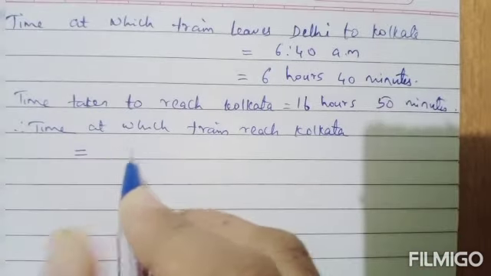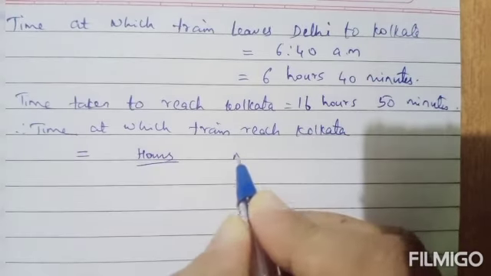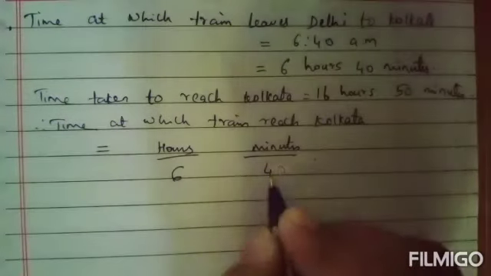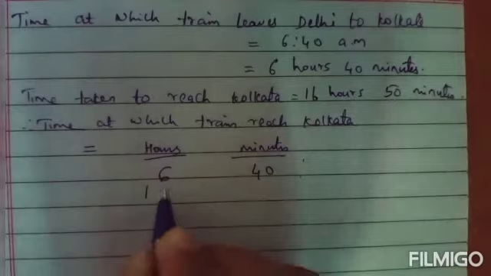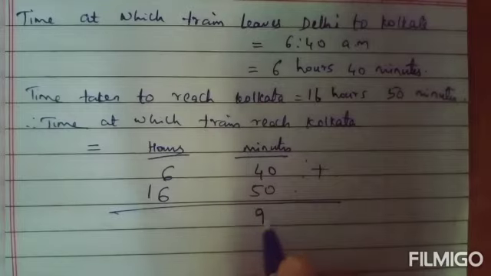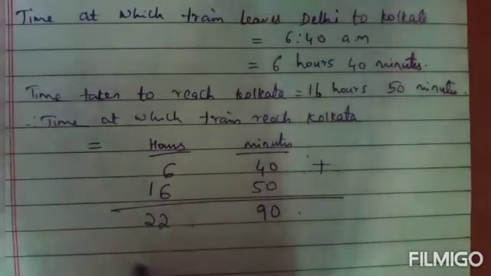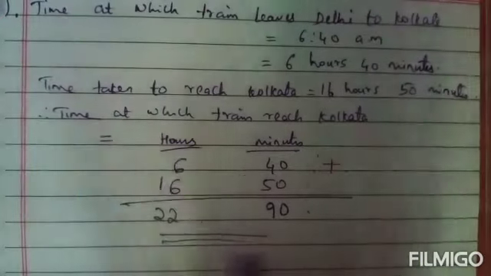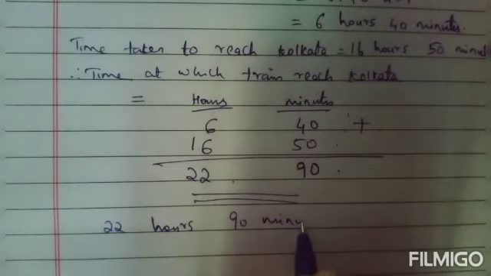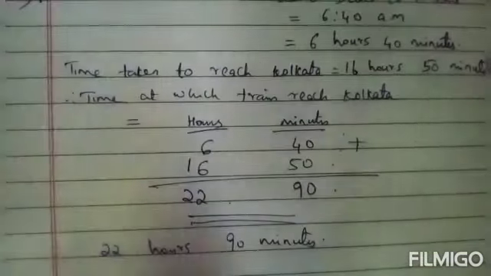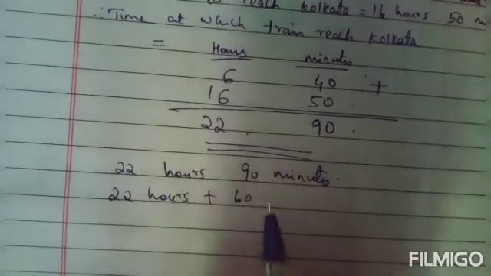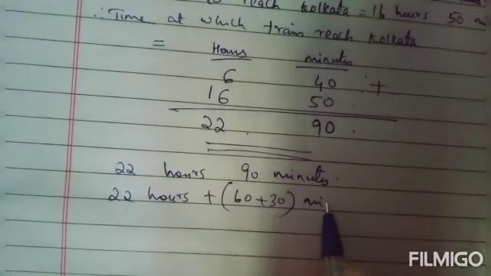Keep hours in one column and minutes in the other column. So 6 hours 40 minutes, to that you add 16 hours 50 minutes. On adding, you will get 22 hours 90 minutes. But 90 minutes is more than 60 minutes.